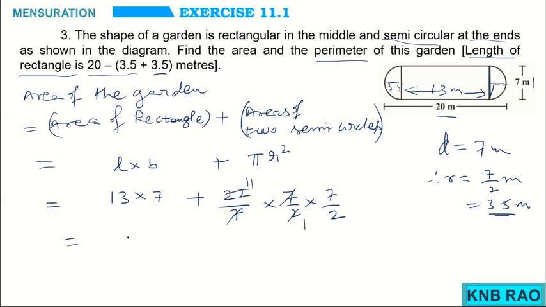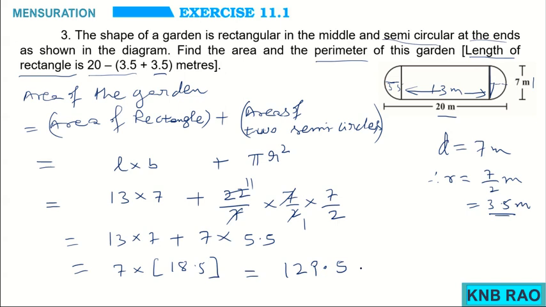So we have got 13 into 7 plus 7 into 11 by 2, which is 5.5. Put together, if I take 7 common, it becomes 13 plus 5.5, 18.5. So the product is very simple, 129.5 square meters is the area of the garden.